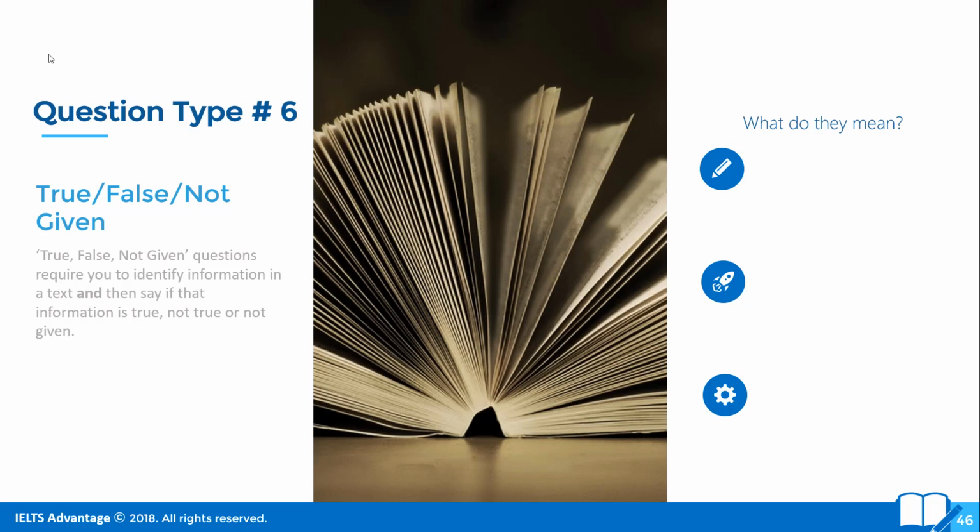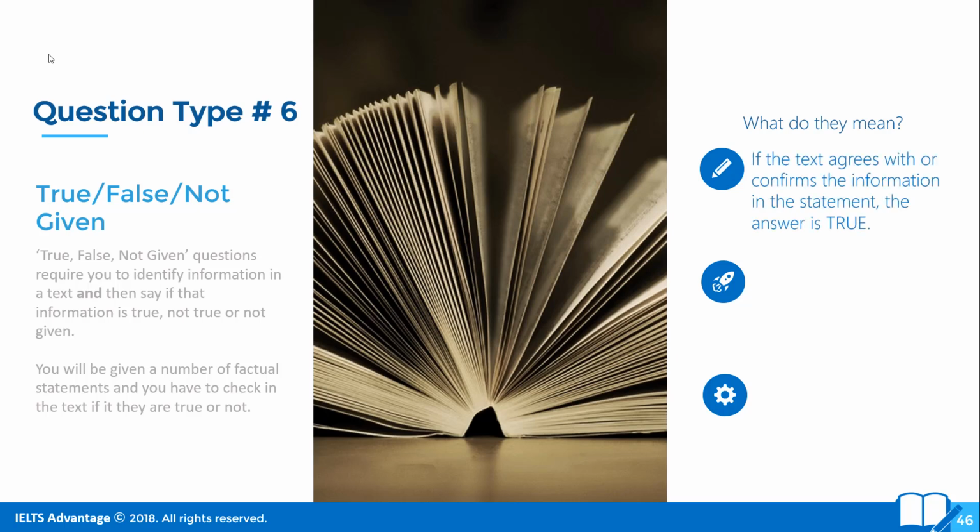If you think about it that way, break it down and simplify it in that way, everything becomes much, much, much easier. You will be given a number of factual statements and you have to check in the text if they are true or not. Again, not overcomplicating it. You're given a few sentences and you have to check if those sentences are true or not, or you just can't tell if they are true or not.